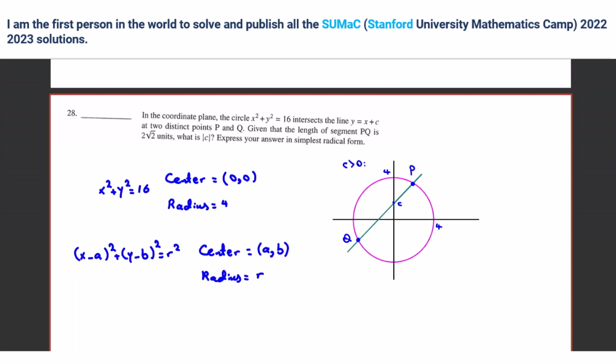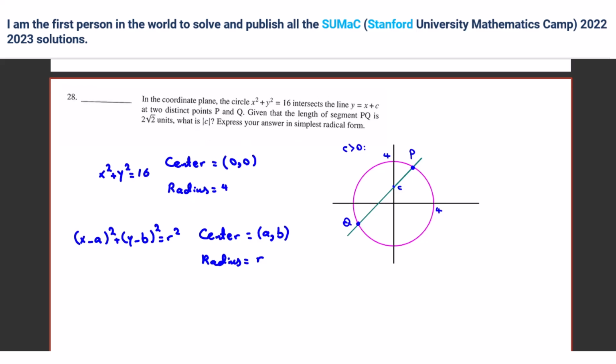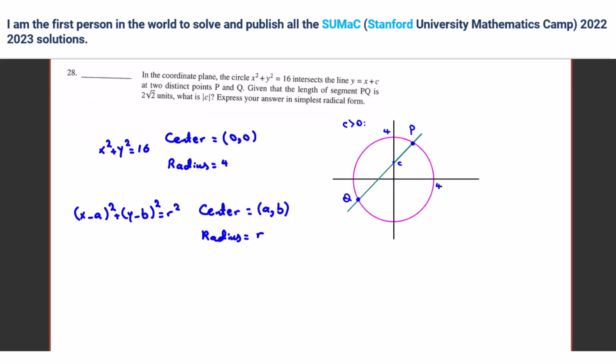How can we find PQ? There are two ways. One way is to use geometric formulas. Another is to use coordinate geometry. So let's do that: x squared plus y squared is 16, and y equals x plus c.